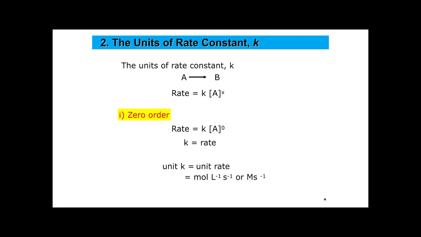So, if the unit of rate is molar per second, so the unit of K for 0 order is molar per second. The unit for per second can also be in per minute, per hour, per day, or any unit of time.